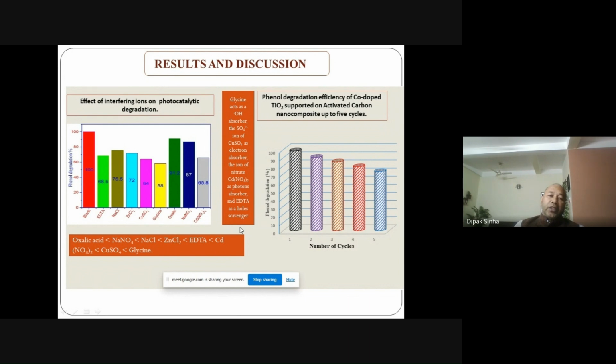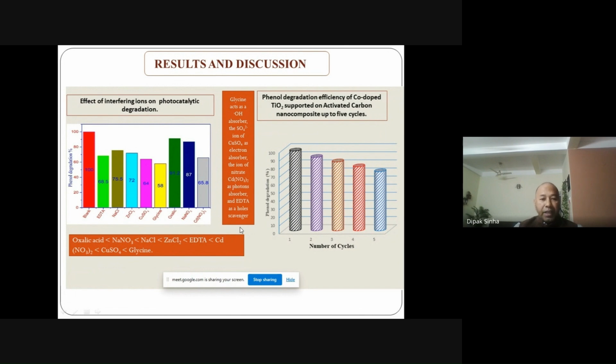Also, in order to go for real case analysis, we thought, why not study the photocatalytic degradation in the presence of different interfering ions. Basically, different ions can absorb the radicals, and if the radicals are absorbed, the catalytic reactions will go down. We realized that in the presence of different interfering ions, the degradation changes.